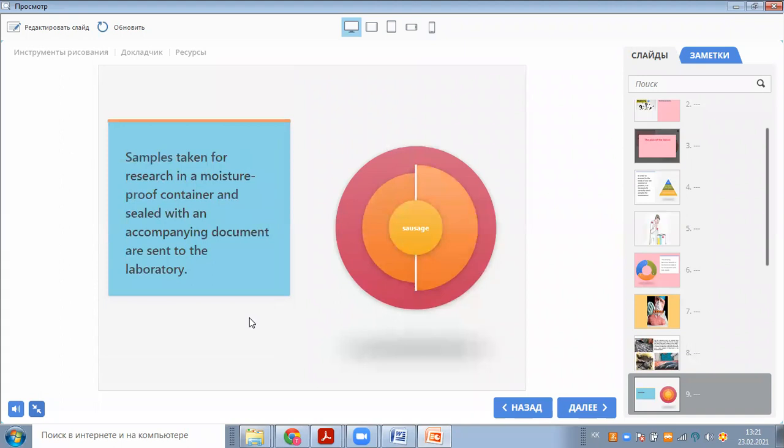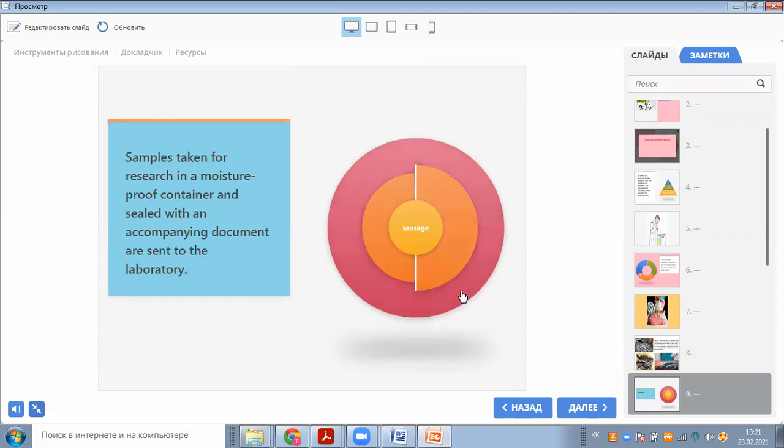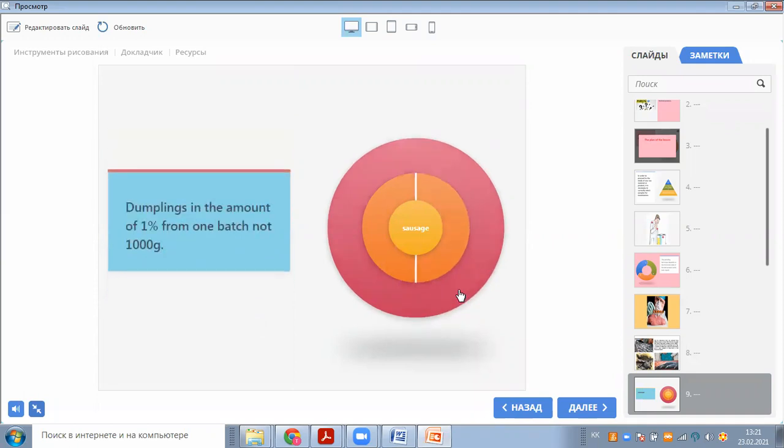And the samples taken for research are put in a moisture-proof container and sealed, and with accompanying documents are sent to the laboratory. And the dumplings is in the amount of 1% from 1, but not 1,000 grams.